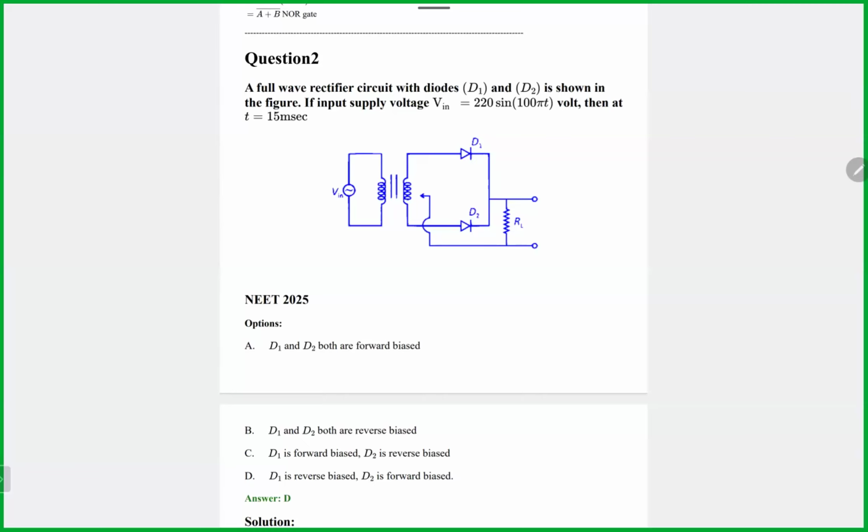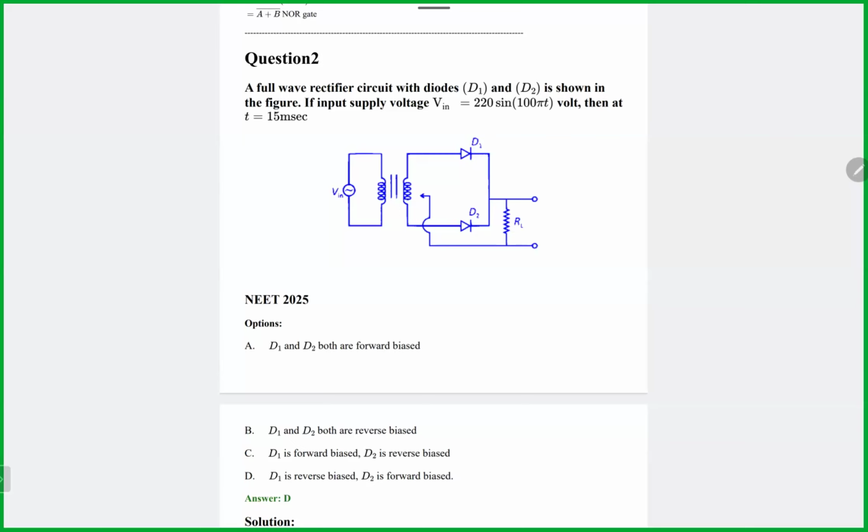At time t 15 millisecond, what will be the value? I think we have to check the paper. If t is 15 millisecond, small t value, what will be the input voltage value? 15 divided by 1000, so it will be 1.5.